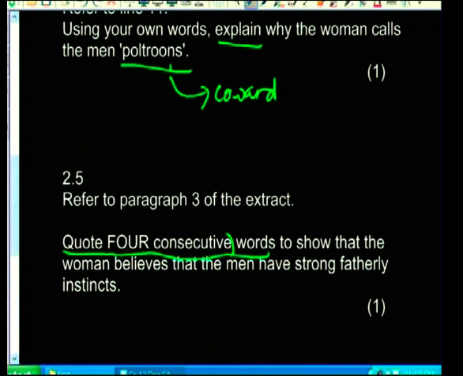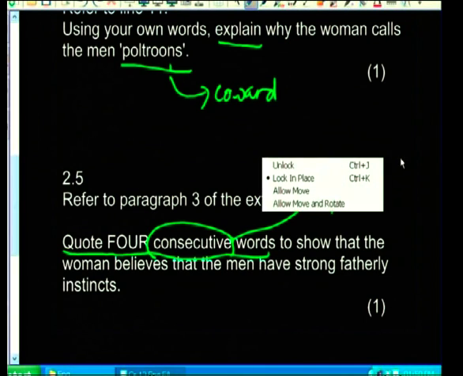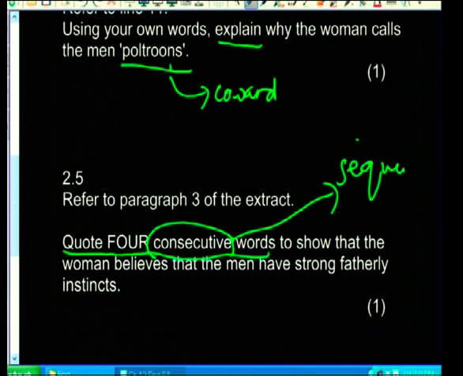Now, let's look at the meaning of the word consecutive. The word consecutive simply means words in sequence. Words that follow each other. 4 words that are placed next to each other. That's consecutive. To show that the woman believes that the men have strong fatherly instincts.